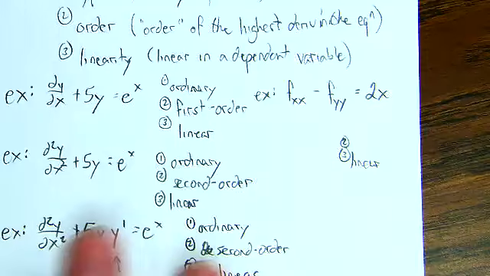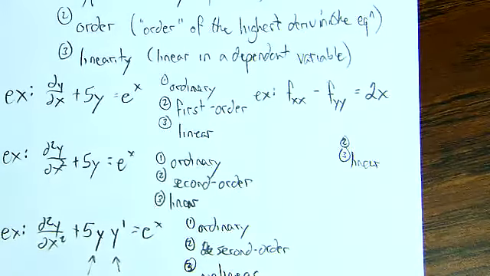Now, this is still linear, because at no point do I have any derivatives of f multiplied by each other, or do I have f multiplied by any of its derivatives, or f times f. So it's still linear. I have second derivative with respect to x and second derivative with respect to y. So this is second order.